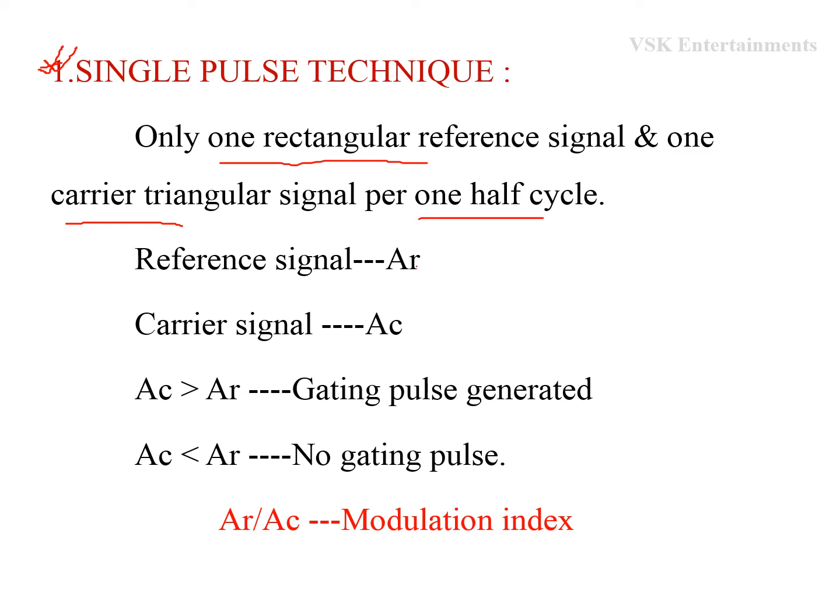AR is the magnitude of the reference signal and AC is the magnitude of the carrier signal. Whenever the magnitude of the carrier signal is greater than the magnitude of the reference signal, we get the gating pulse. Otherwise, we do not get any gating pulse. The ratio of the magnitude of the reference signal to the magnitude of the carrier signal is called the modulation index.